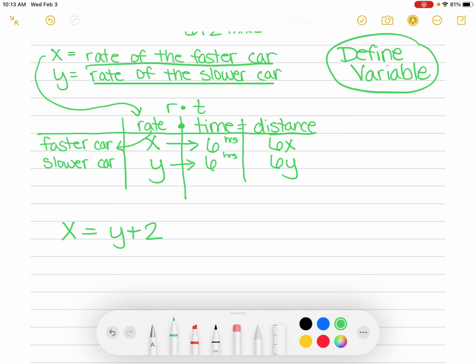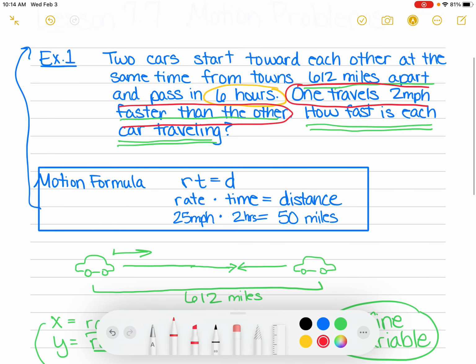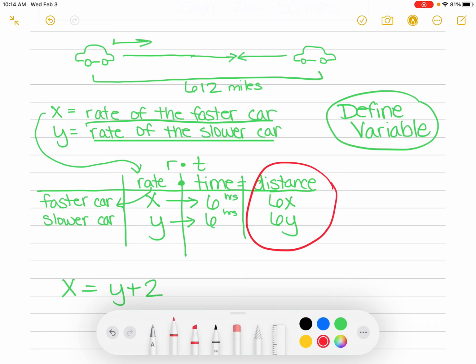Okay, that's done. Now my second equation, I'm going to take from right here, and I'm going to use this distance, and sorry, I couldn't fit this all in the same thing, and this distance up here. So I know that they're 612 miles apart. Let's look at the picture. If I take the fast car, 6X, and I add it to the slow car, 6Y, then that's going to give me the 612 miles.